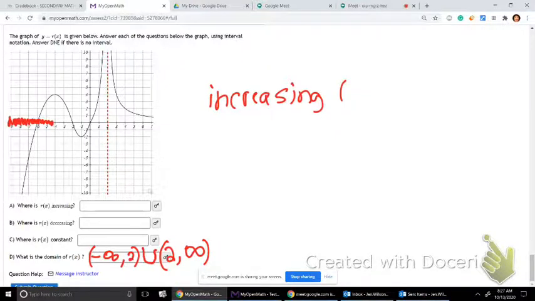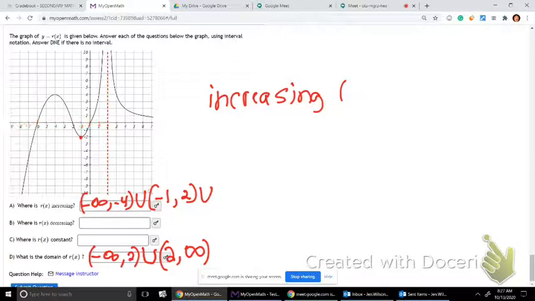So my first increasing section is negative infinity to negative 4. My second increasing section starts down here, but I'm not looking at the y-coordinate. I'm looking at the x-coordinate. So it starts at negative 1 and increases all the way up to 2. And again, that's it. There's no more increasing after that.